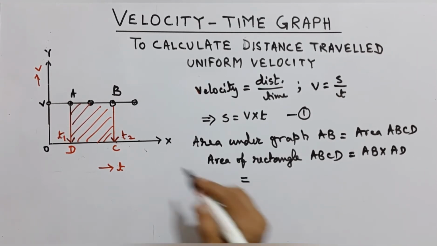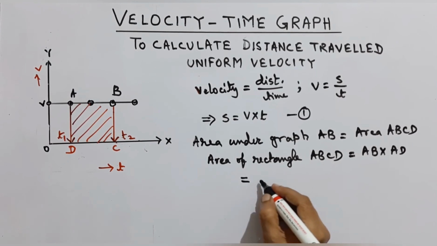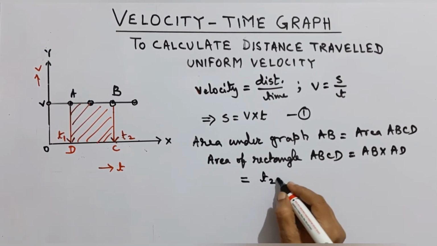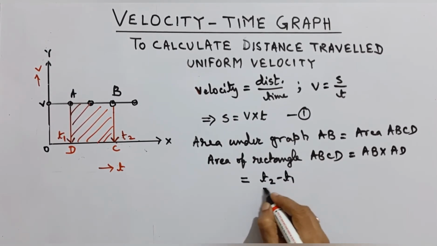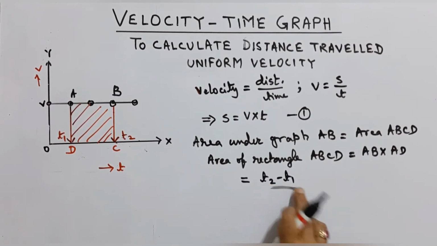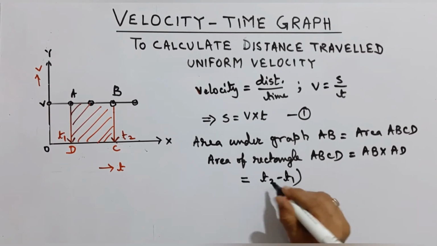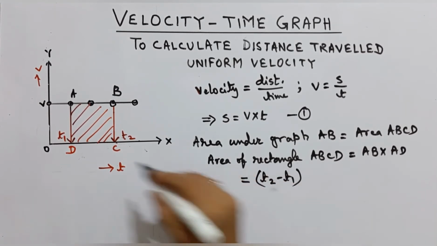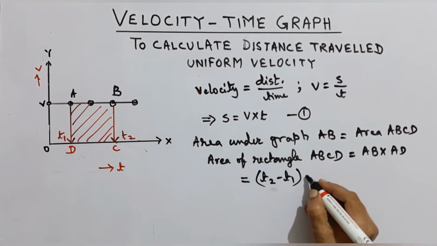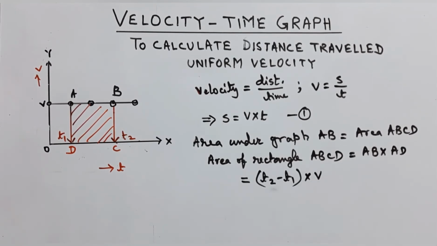AB is equal to t2 minus t1, and AD is v, the uniform velocity.